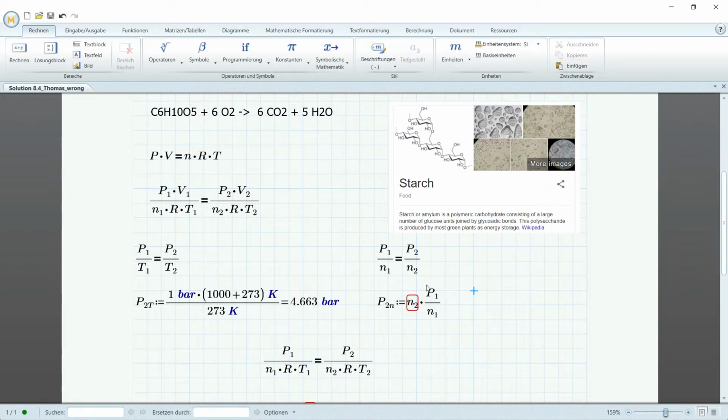Looking at the change in the number of moles, based on the ideal gas law, volume is the same, temperature is the same, and R is anyway a constant. We can take P1 over N1 is equal to P2 over N2. And so here, rearranging for P2, the new pressure that would occur as a result of the change of the number of moles.